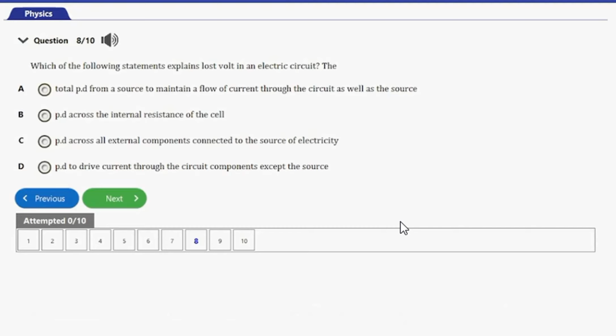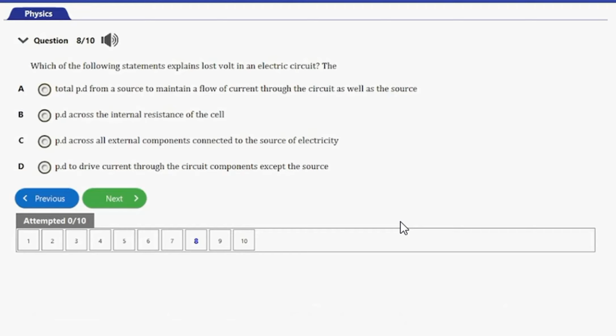C, potential difference across all external components connected to the source of electricity. D, potential difference to drive current through the circuit components except the source. So let's recall, the question says, which of the following statements explains lost volts in an electric circuit?